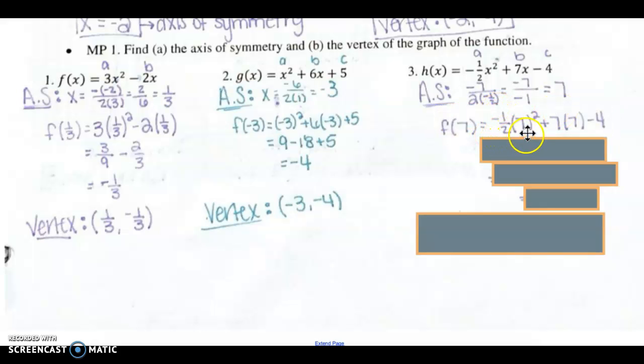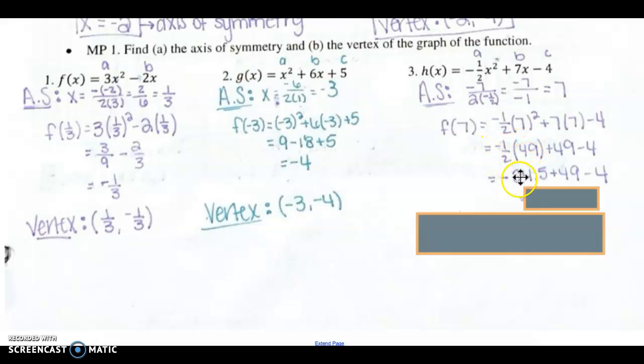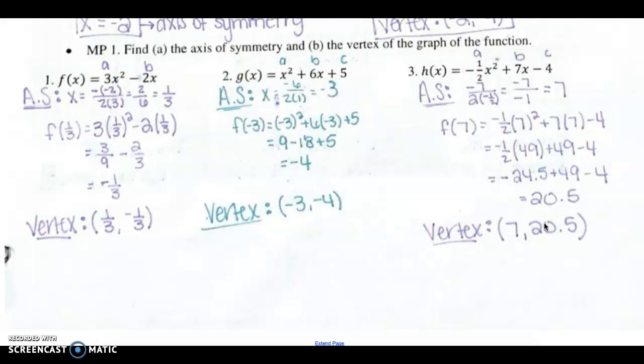That's going to give us negative 1/2 times 7 squared plus 7 times 7 minus 4. Remember, 7 squared is 49. This is where your decimal comes in, because negative 1/2 times 49 gives you negative 24.5. And so then you just add those up and you get positive 20.5. So your vertex is 7, 20.5.